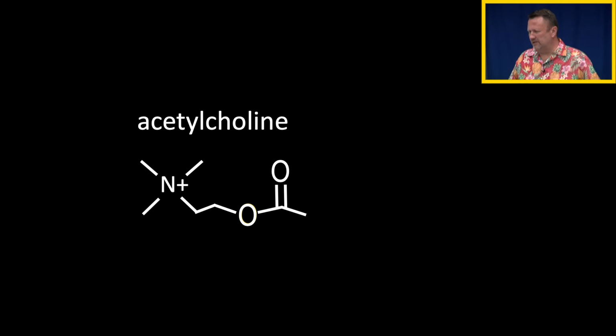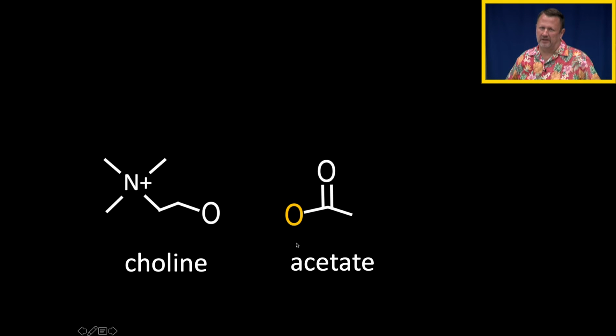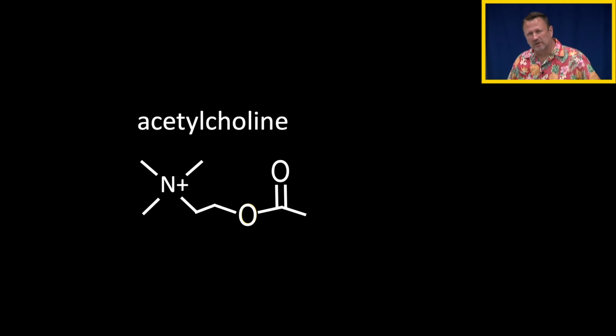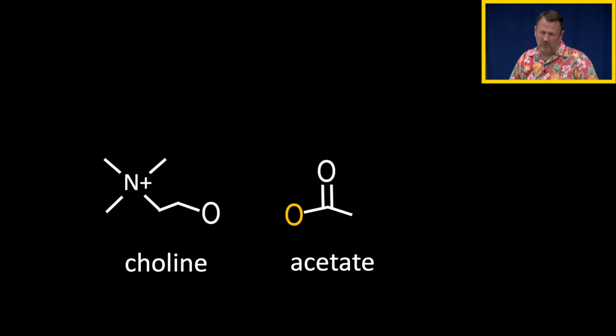Now, when we split acetylcholine into choline and acetate, see that little orange oxygen right there? Remember, oxygen makes two covalent bonds, so there's a hydrogen missing right there, and another hydrogen missing right there. To put these two together, we need a water group. We need hydrolysis to split those. What I want you to see is where this oxygen comes from, right here.